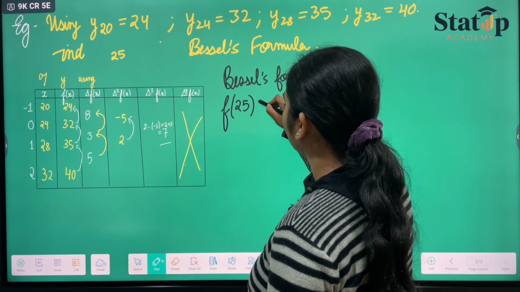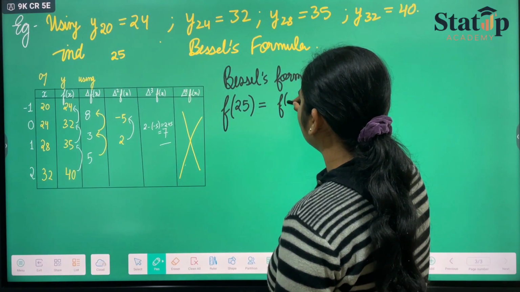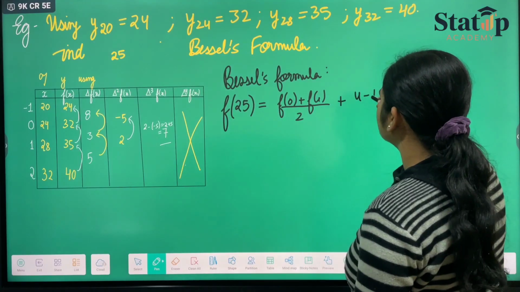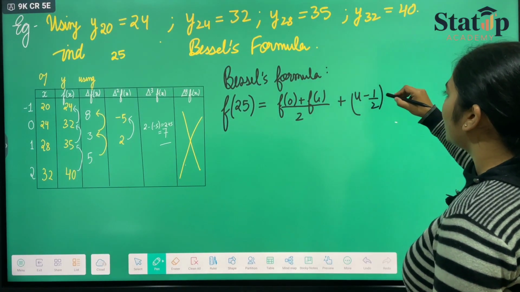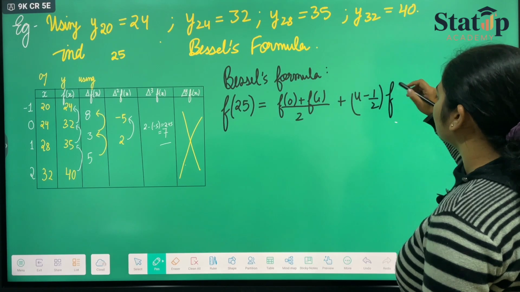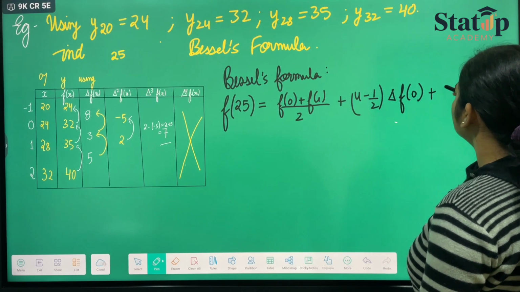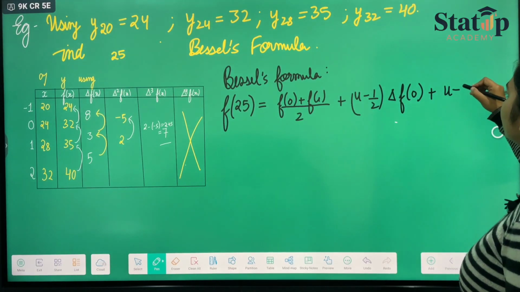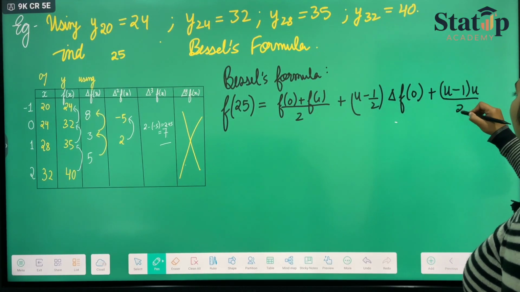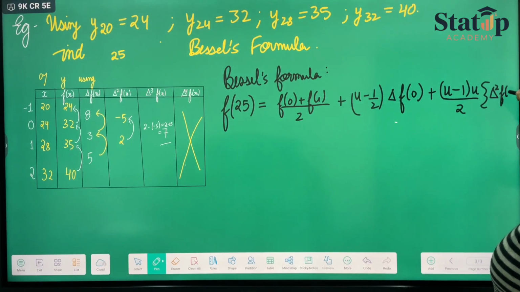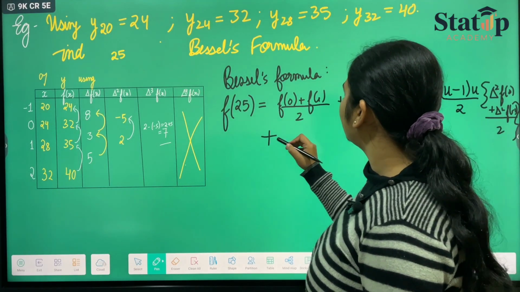So f of 25 should be equal to f naught plus f1 upon 2, plus u minus half into delta f naught, plus u minus 1 into u upon 2 bracket delta square f naught plus delta square f minus 1 upon 2, plus the fourth term square.